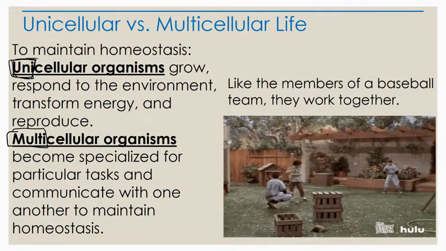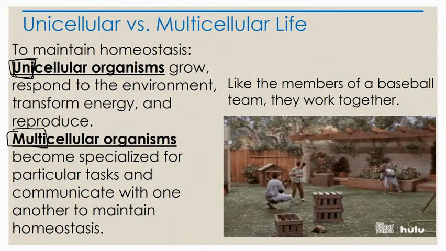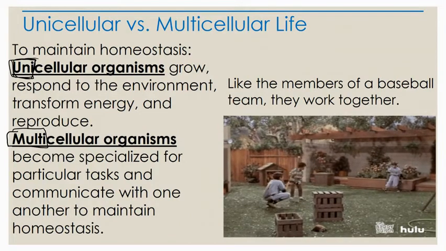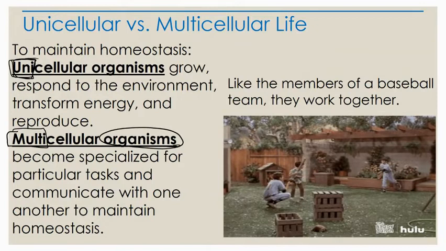Multicellular becomes much more complex. Multicellular organisms are going to become specialized for certain jobs or tasks, and they're going to communicate with each other in order to maintain homeostasis.